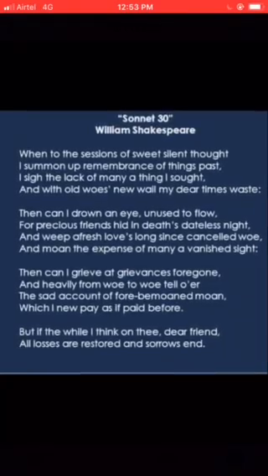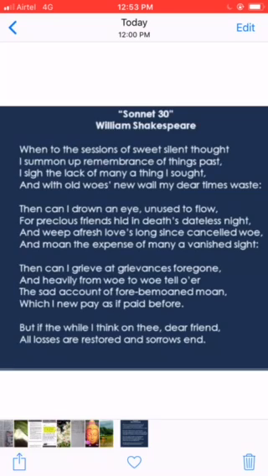Well, in the couplet, the mood of the speaker changes a bit and he resolves the issue. What does he say? "But if the while I think on thee, dear friend, all losses are restored and sorrows end." But how do I compensate for my pains and my agony over the things past?